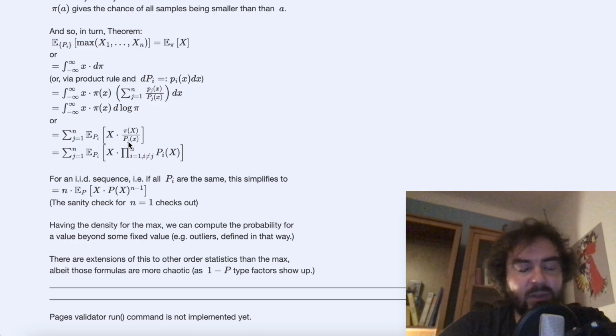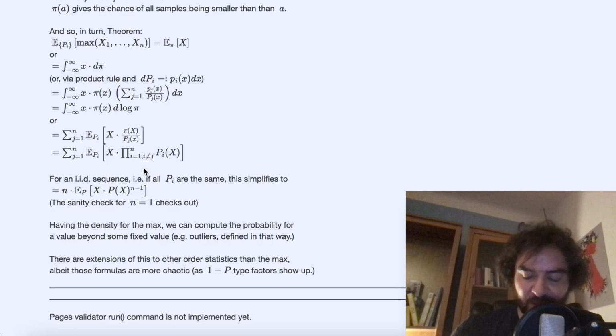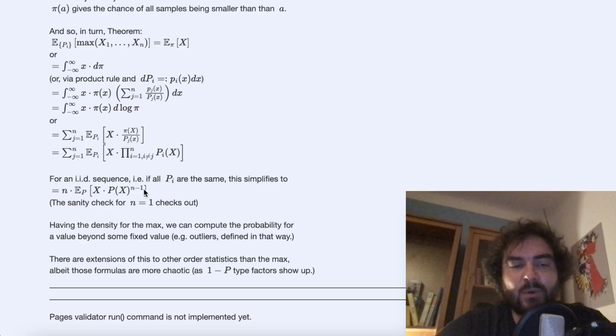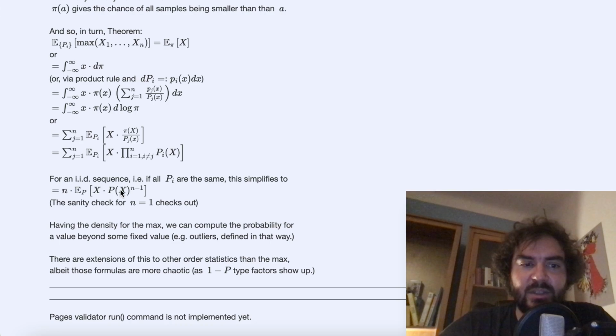But I find all of this fairly nice, and also in the special case that we actually looked at, where all the distributions are the same distribution. I even chose the uniform distribution for my GIFs, but just assuming that all these four values are from the same distribution, you get this super simple function where the complicated product collapses to just this power of the distribution that you were originally working with already, right?